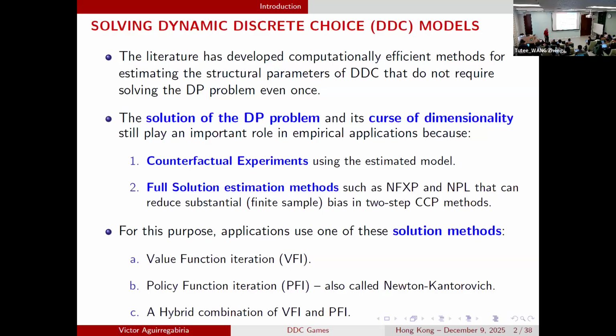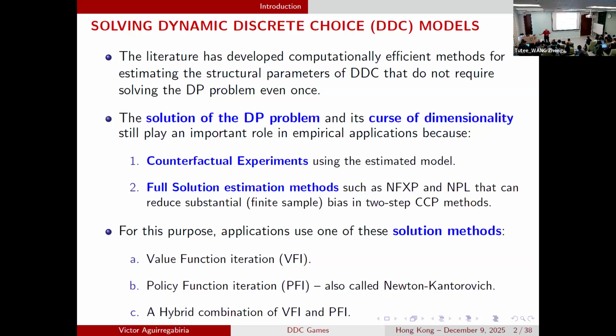Okay? And to implement this type of counterfactual experiments, we need to solve in one way or the other our dynamic programming problem. And in some cases, we have to solve it many times if we want to consider a rich set of counterfactuals. Okay? The other reason why we may want to have good algorithms for solving dynamic programming problems in this context is that we may want to use full solution methods, such as the nested fixed point algorithm or the nested pseudo likelihood estimation that I will describe in my next lecture.